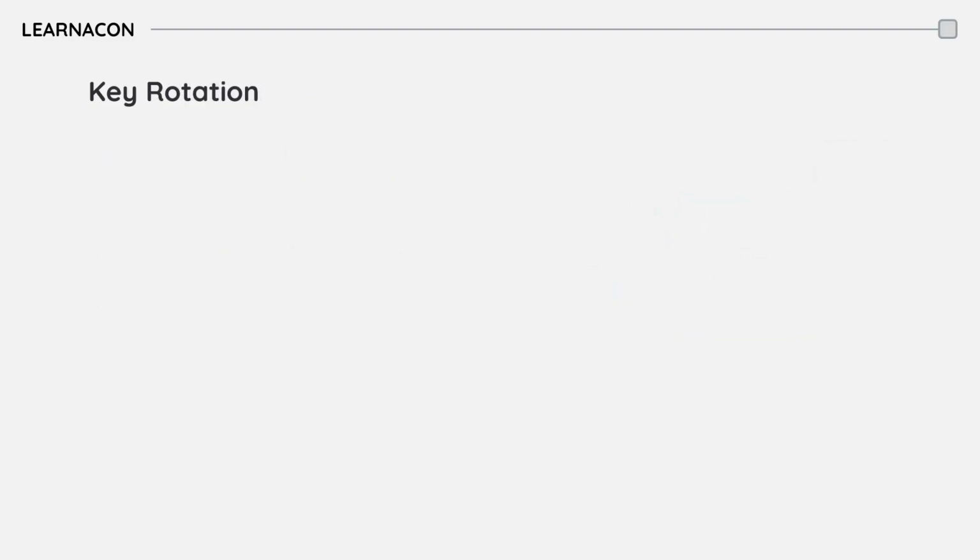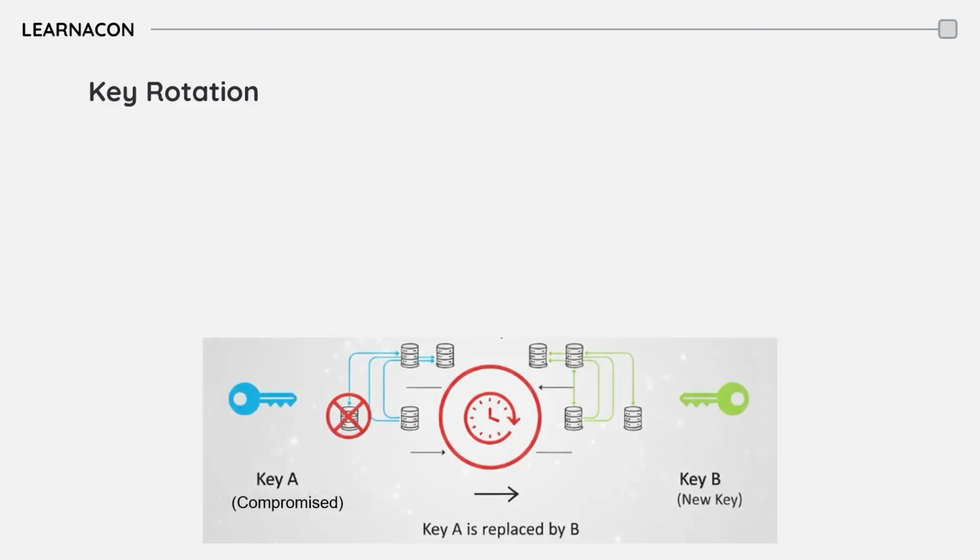Even strong keys shouldn't last forever. Like passwords, it's better to replace keys regularly using techniques such as key rotation. Key rotation means replacing old keys with new ones on a regular basis. It's like changing the lock on your house every few months. If someone copies a key, it won't work for long.